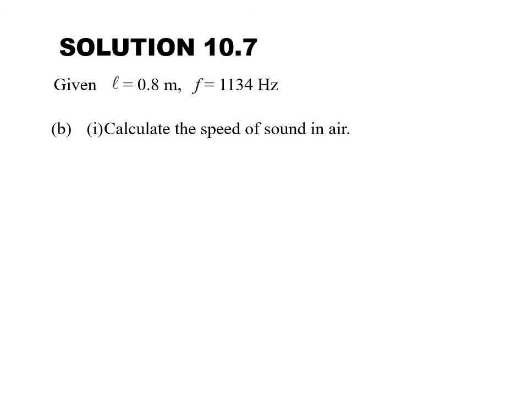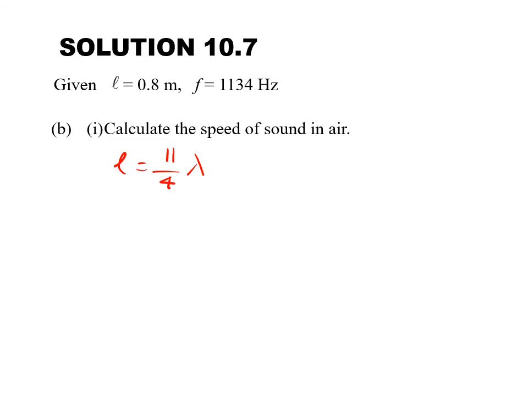B1, you need to calculate the speed of sound in the air. From the figure in A just now, we have length equals 11 over 4 lambda, because 11 harmonics divided by 4 for the fundamental mode times lambda is our length.